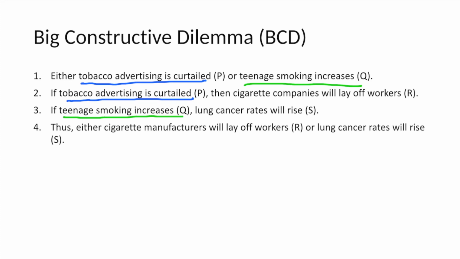And each one of those implies a consequent again in premises 2 and 3 respectively. And then each of those consequents becomes a disjunct in the conclusion.